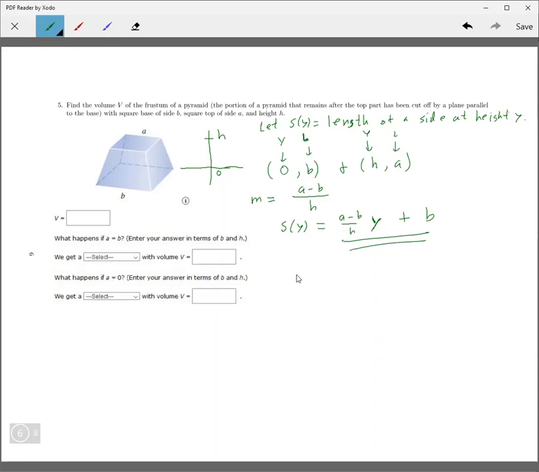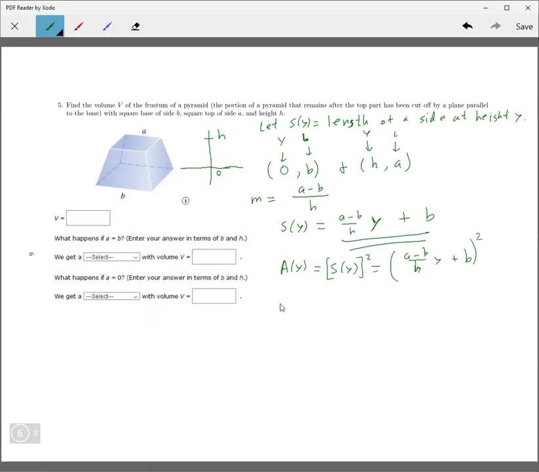Now, the area, the cross-sectional area, is going to be the area of a square, which is the length of a side squared. So it'll be all of this squared.